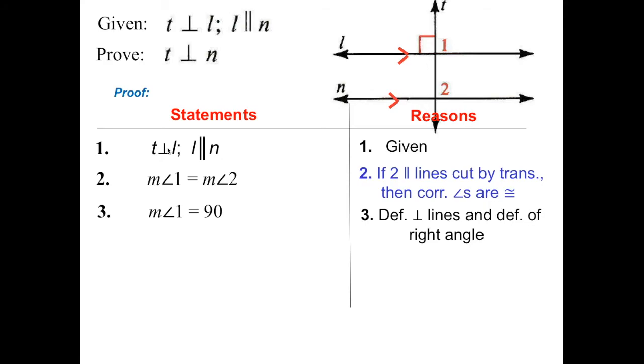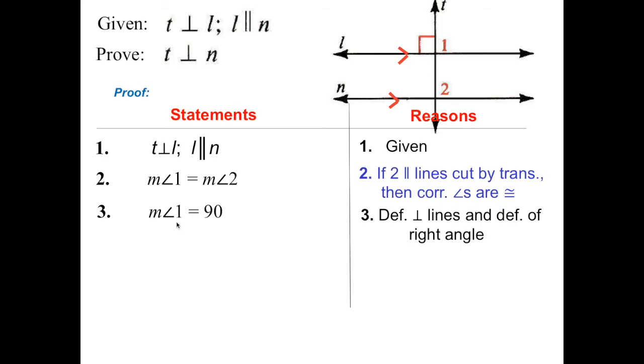That's the definition of perpendicular lines. If you have a right angle, then that measurement of the angle is 90 degrees. What is that? Well, that's the definition of right angle. So to get from perpendicular lines to the angle measuring 90 degrees, you need to use both reasons, because that's how it's been written out for us and set up here earlier in the book. We're following those rules because we want to see what follows from that and what we can prove from that.